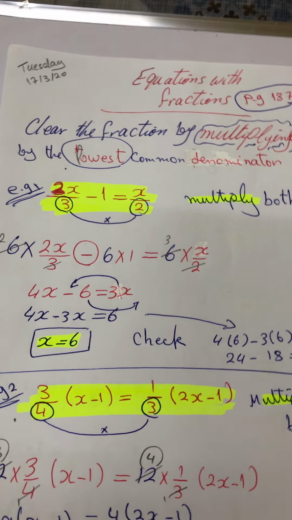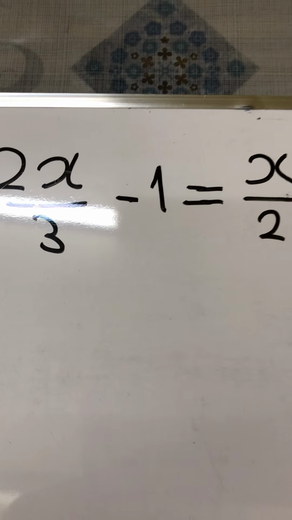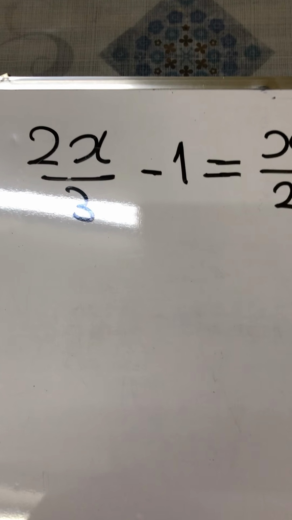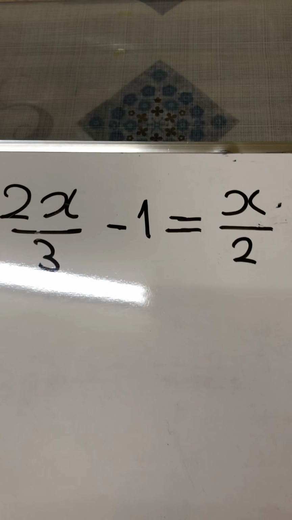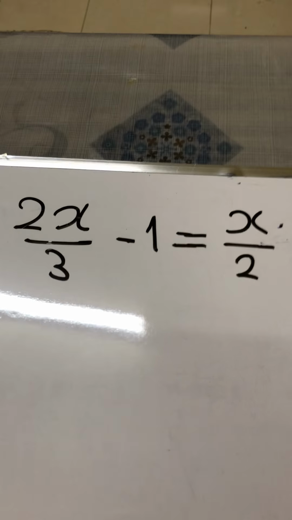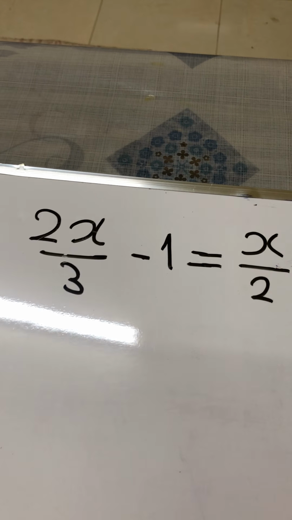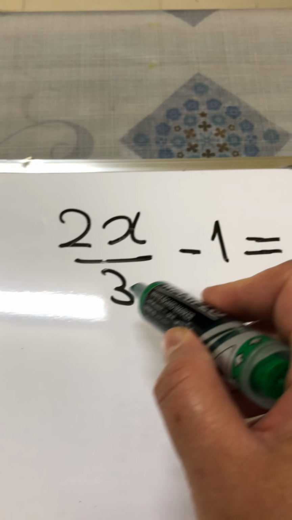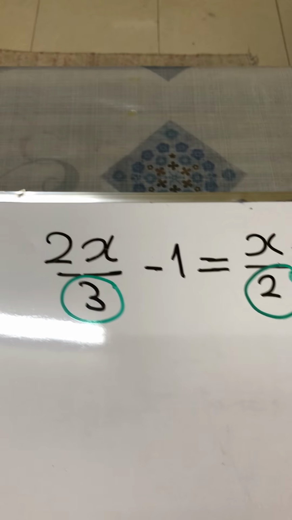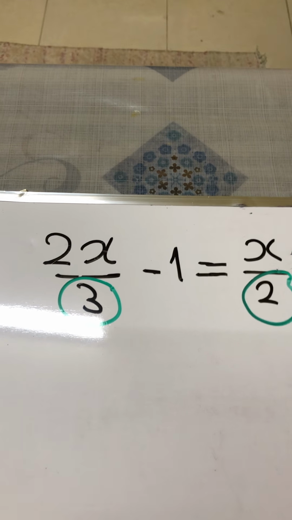Okay? Let's see the first example. I have 2x over 3 minus 1 equal x over 2. My aim is to clear the denominator, so I'll multiply by the lowest common denominator. Here the denominator is 2 and here the denominator is 3. The product of 2 times 3 is 6.